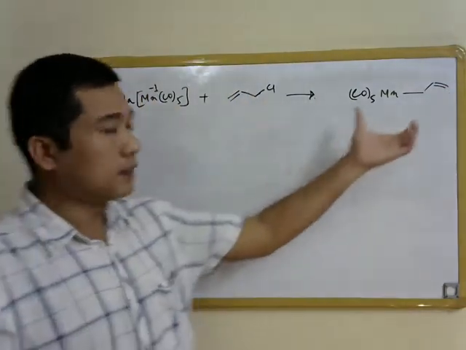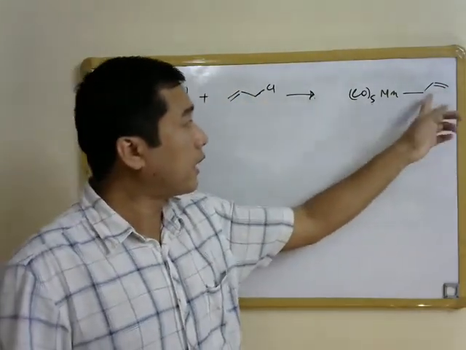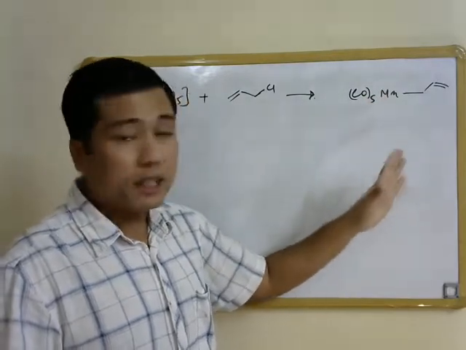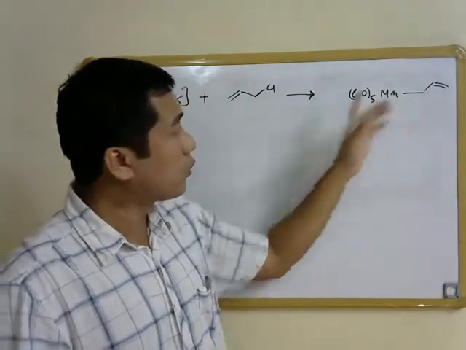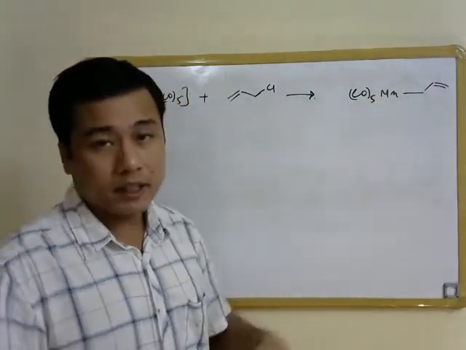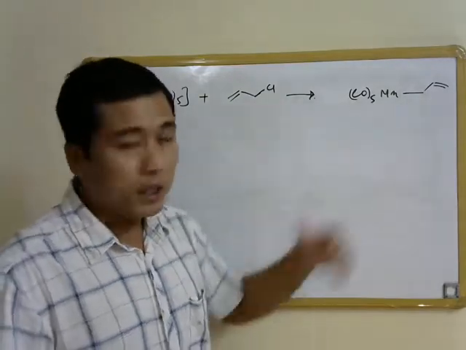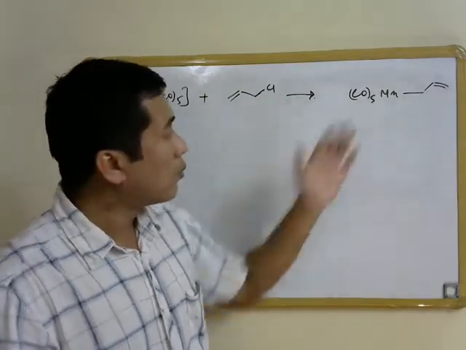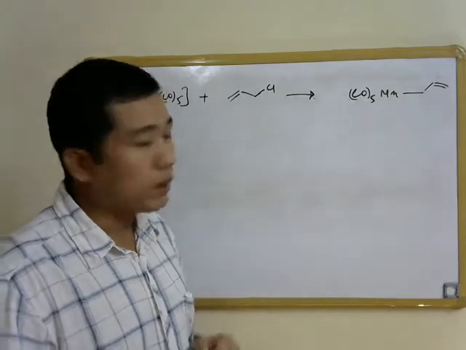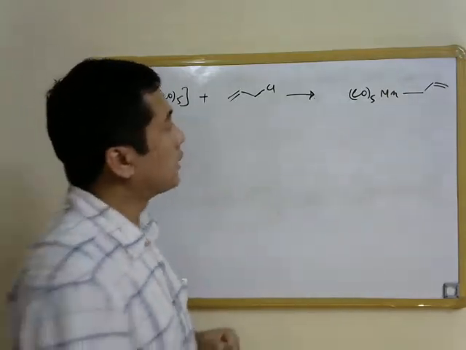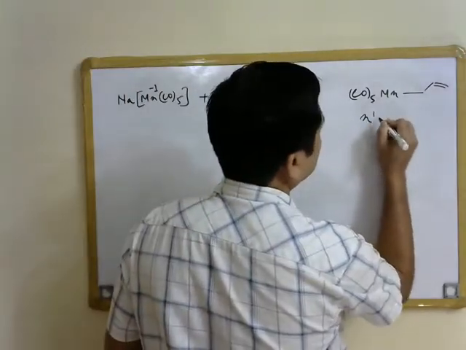Now this is a sigma allyl complex, but we see that the pi orbitals of the allyl ligand are not used to bind with the metal, and instead an sp hybridized orbital of the allyl ligand binds to the metal center, and that is why we call it eta 1 sigma allyl complex.